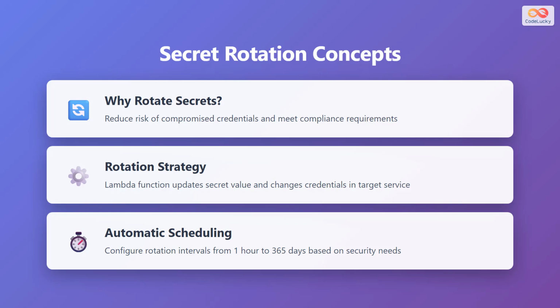You can enable automatic scheduling to configure rotation intervals ranging from 1 hour to 365 days based on your organization's security needs. More frequent rotation provides better security but may increase operational complexity, so it's important to find the right balance for your environment.